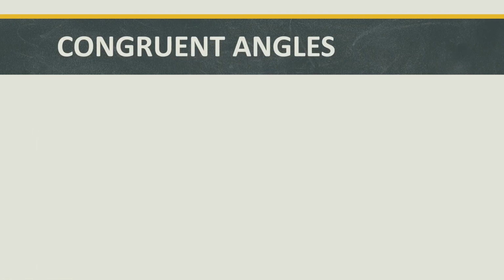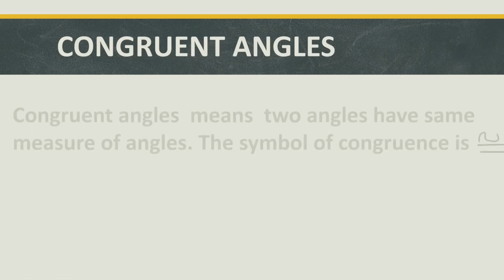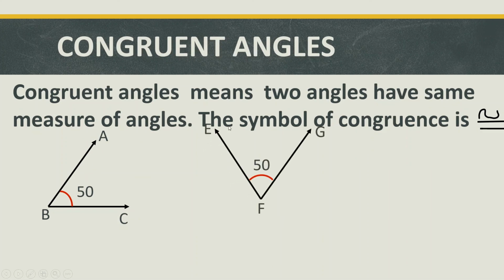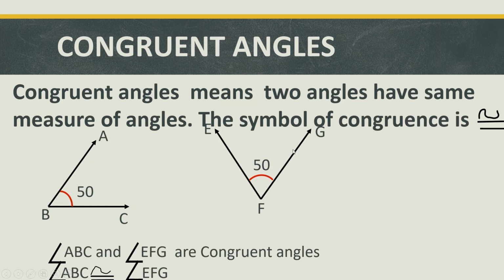Now let's learn about congruent angles. Congruent angles are two angles that have the same measure. The symbol of congruence is this. Example, in this figure, ABC and EFG are congruent angles because they are both 50 degrees.